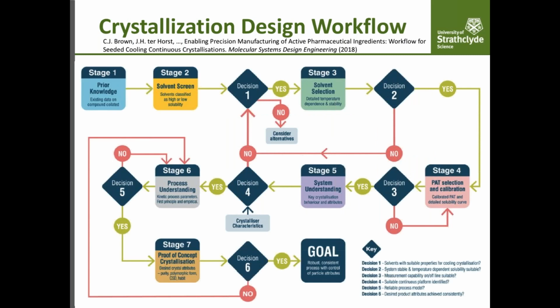One thing we did within CMAC is to develop a crystallization design workflow for cooling crystallization. These are the steps one could follow to make a good crystallization process design.